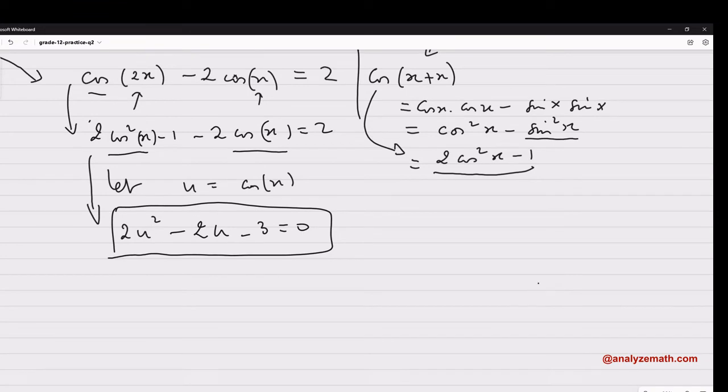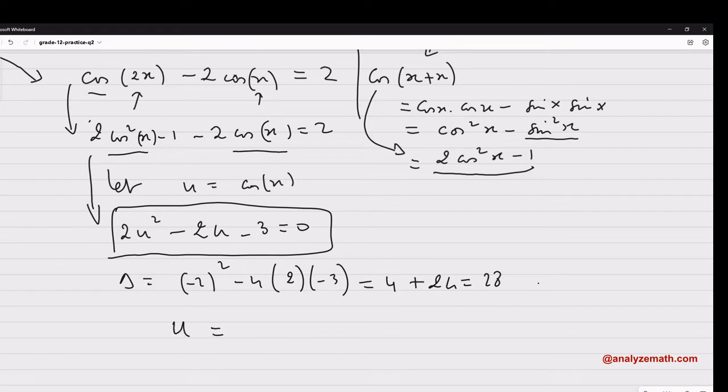So let's go for the discriminant delta equal b squared minus 4ac, and that gives me 4 plus 24, which gives me 28.